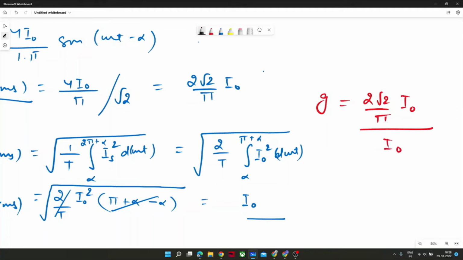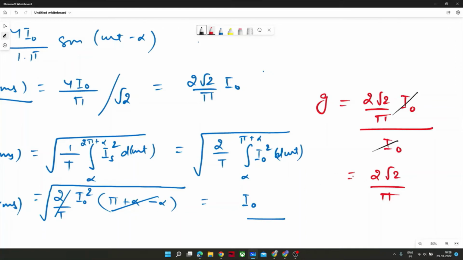So I naught and I naught get cancelled, and g will become 2 root 2 by pi. So this will be your distortion factor for this problem. That's why I told you this waveform is quite common across single phase rectifiers or single phase inverters, and hence this value would be very common in your GATE problems.